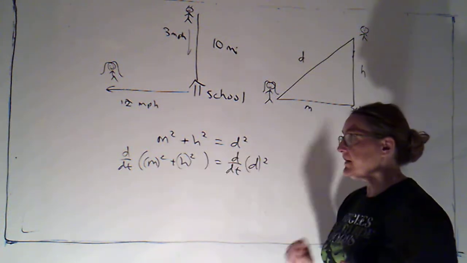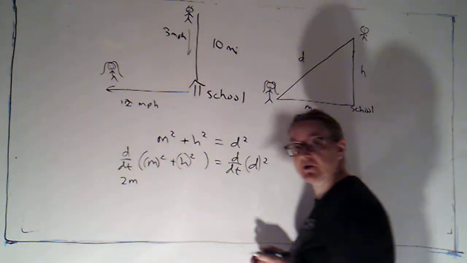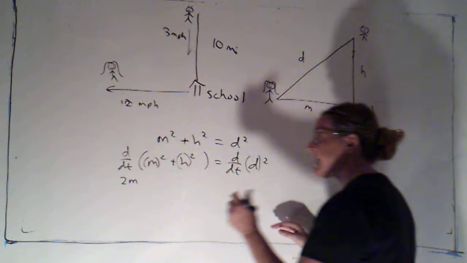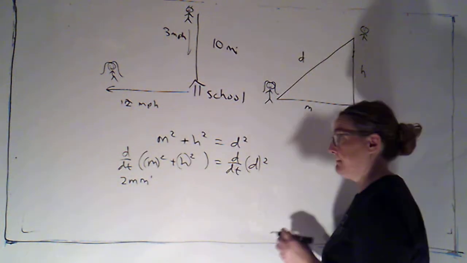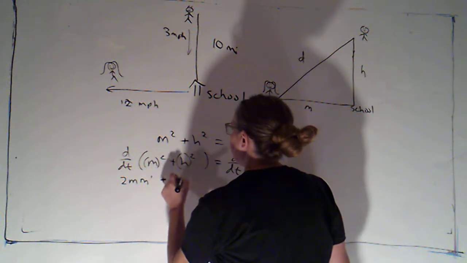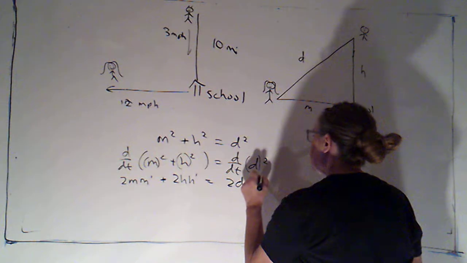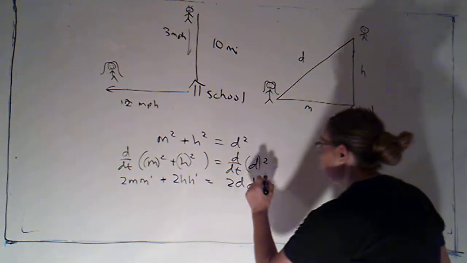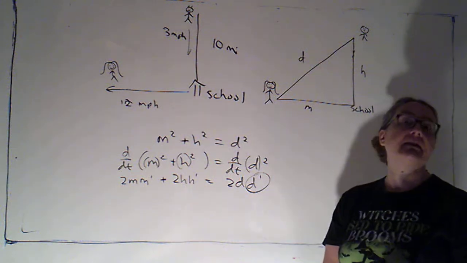So the derivative of the outside part, the derivative of the squaring function, is just 2M, times the derivative of that inside part, which would be M prime. Plus, then we'll have 2H, H prime, and that equals 2D, D prime. Now, D prime is what I want to know, so I'm going to have to plug in for everything else.